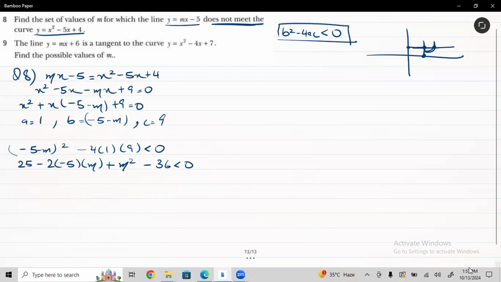By the way, those of you who are confused why I have taken negative 5 as a whole here and not negative m: well, the identity is (a minus b) whole squared is equal to a squared minus 2ab plus b squared.